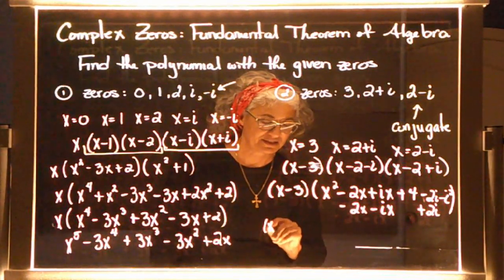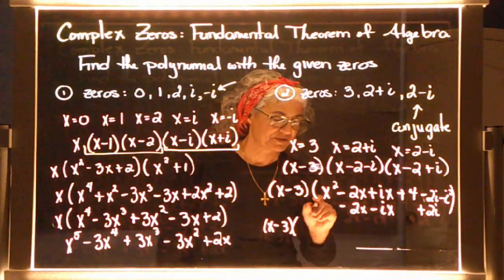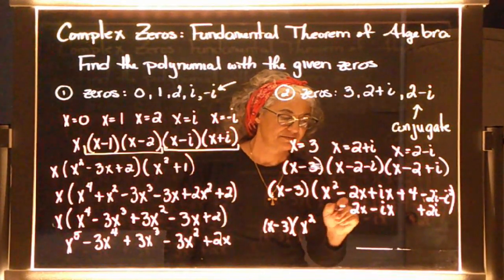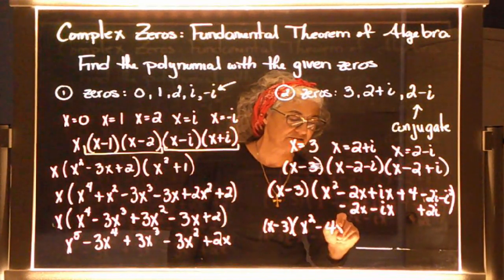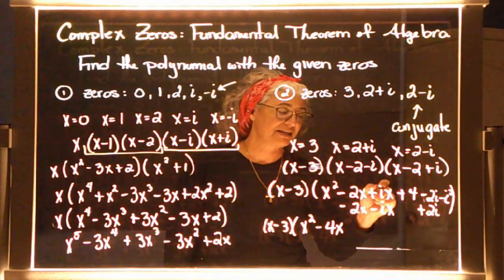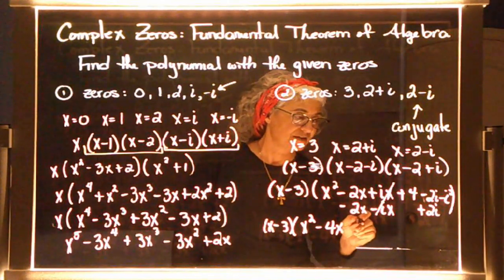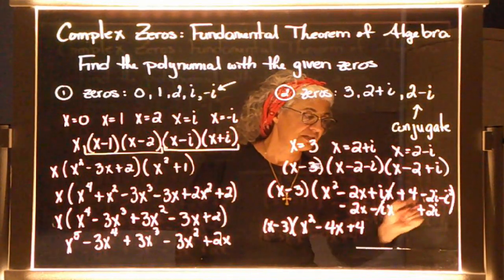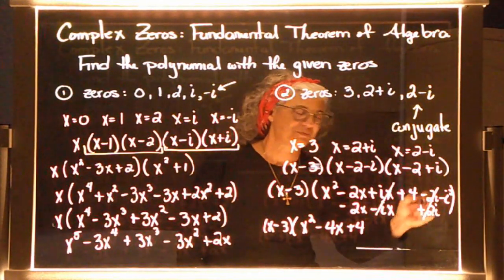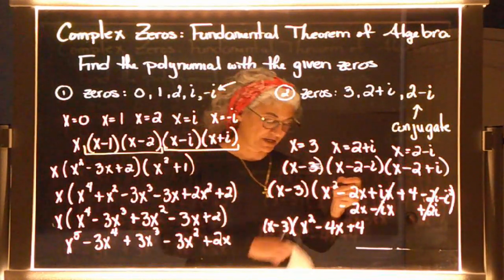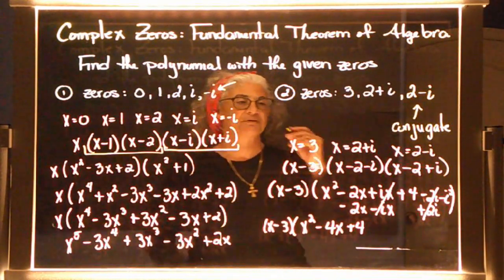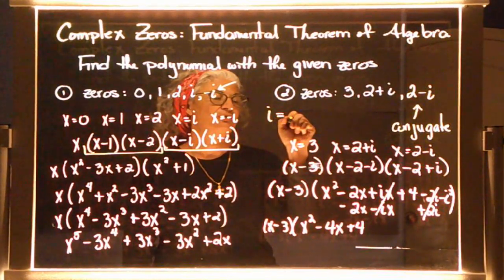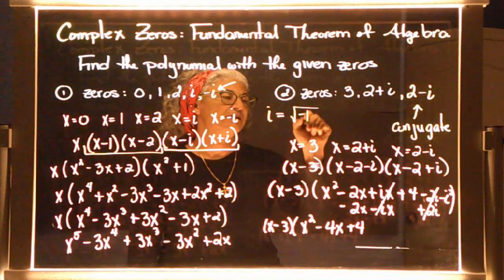And now I'm going to collect my like terms. So I have an x squared, a minus 4x. These ix's cancel, don't they? I have a plus 4. These two i's cancel. And now I have a minus i squared. Okay, so we have to remember, i is equal to, good, square root of negative 1.